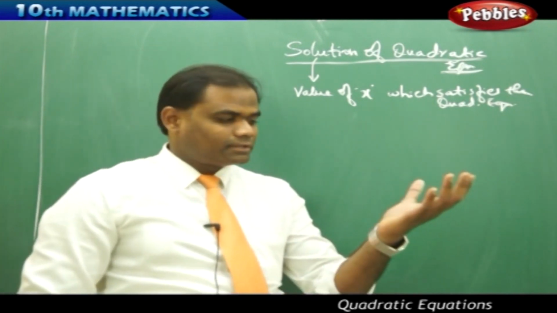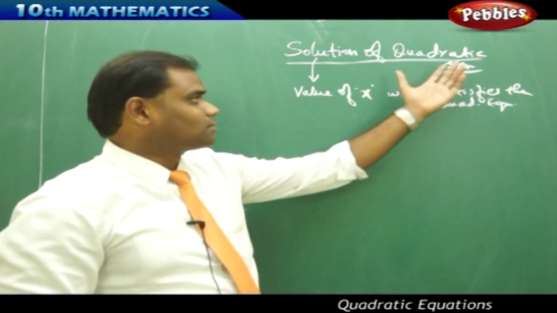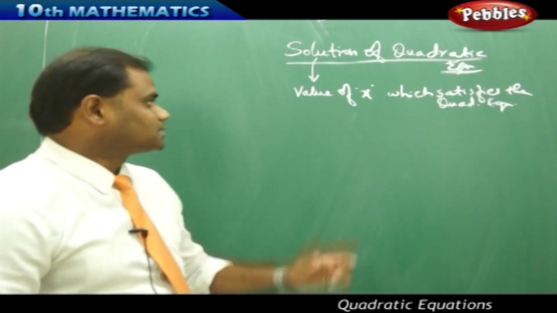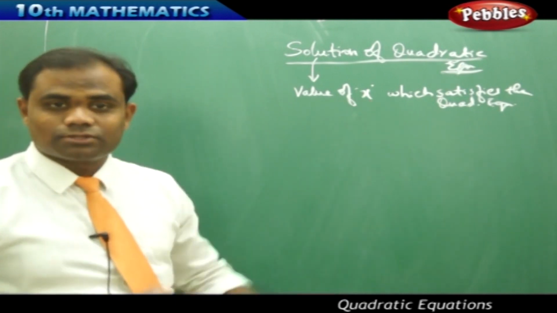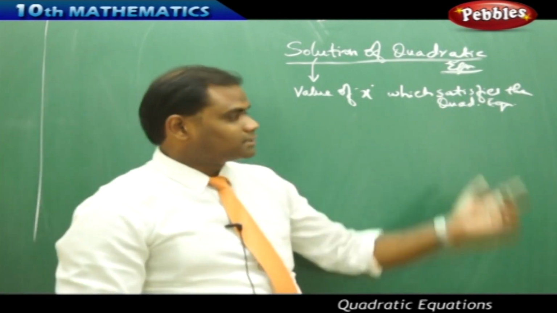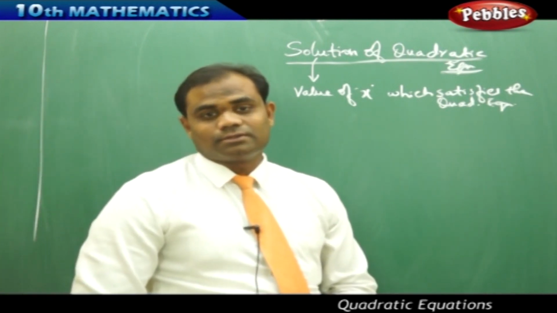So we take the value of x, and when we substitute it in the quadratic equation, it must equate to 0. Then we say that value of x is the solution of the given quadratic equation. So the value of x which satisfies the quadratic equation is called the solution.